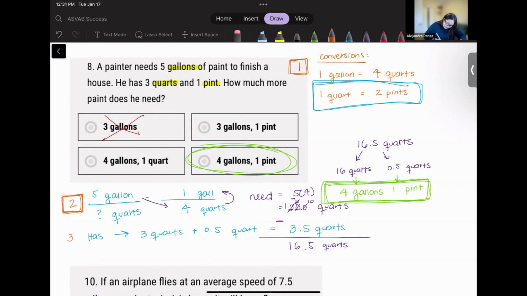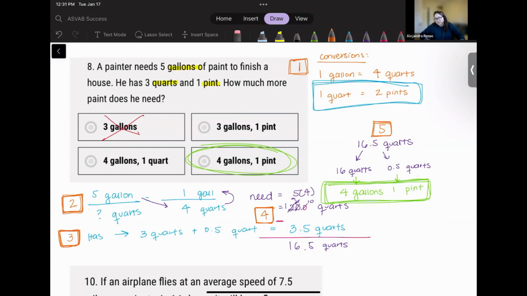Step number 3, I determined how many quarts he already has. And step number 4 was to subtract and figure out how many he is missing. And the last step, number 5, was to convert what he was missing to gallons and pints. So 5 steps.